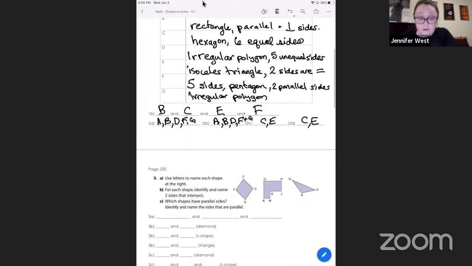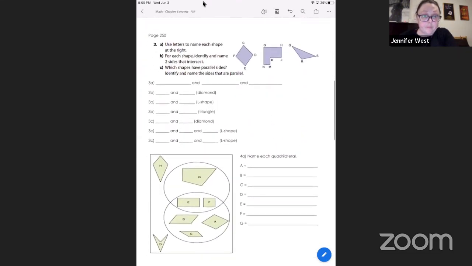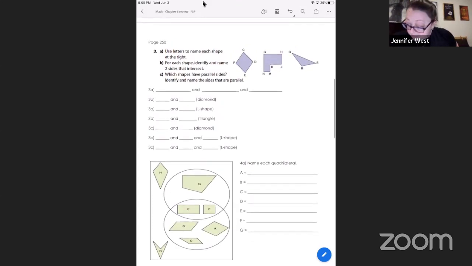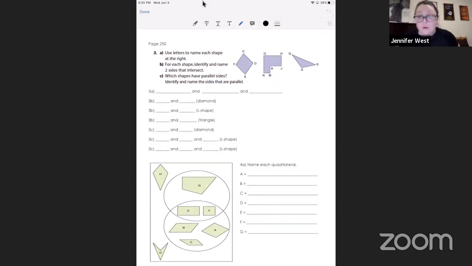All right, we're moving on to the next page. So it says, use letters to name each shape to the right. All right, we can do that.